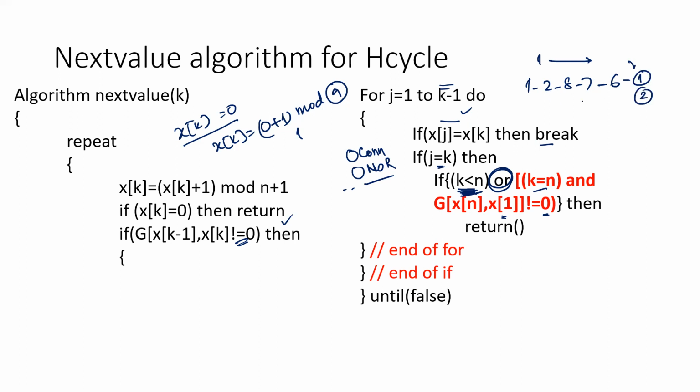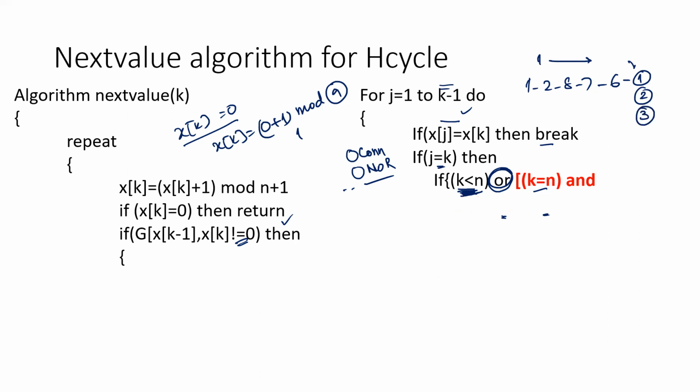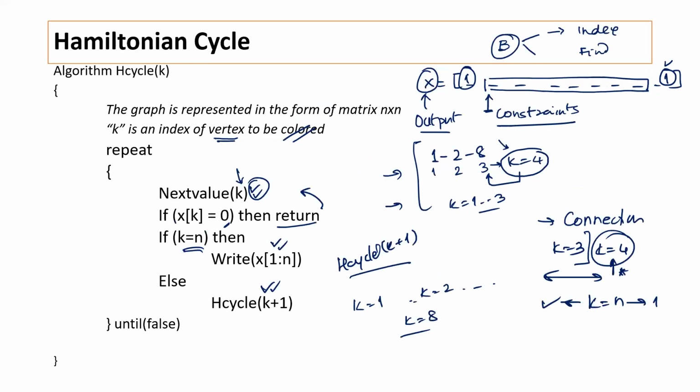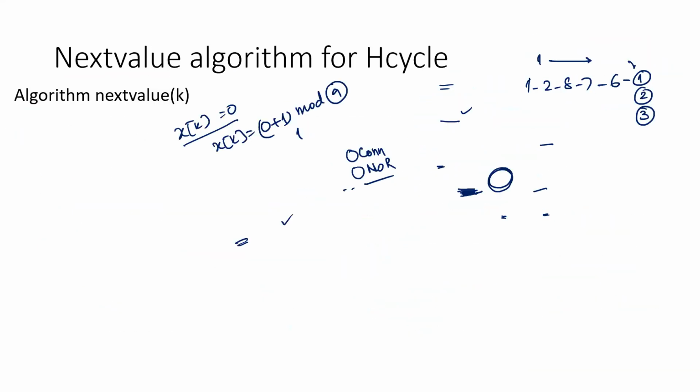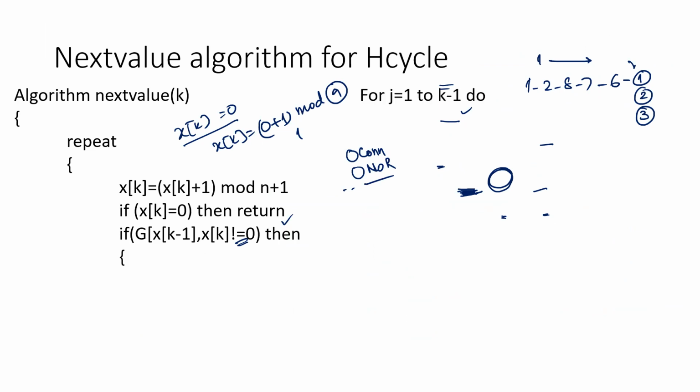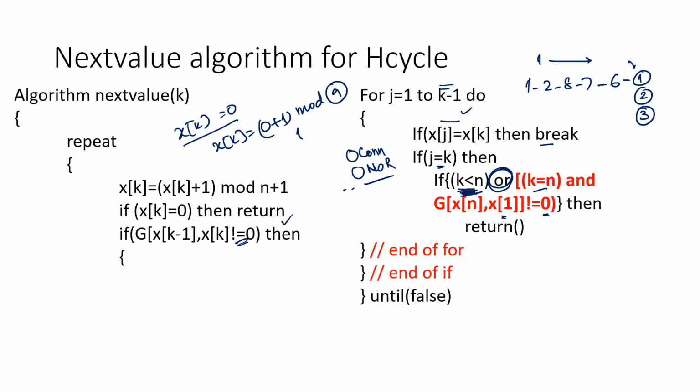This will not allow us to enter. 3 I can try, because 3 is not used, but is 6 connected? 6 is connected with 3. So we can continue with 3 here. And if we can still find a cycle, that is accepted. If no cycle, then we continue with 4, no cycle, continue with 5, and so on.